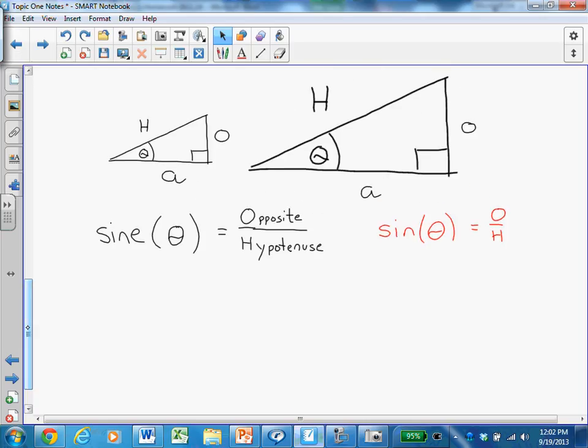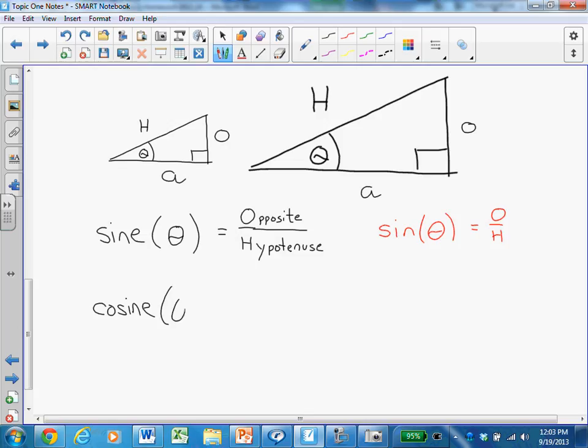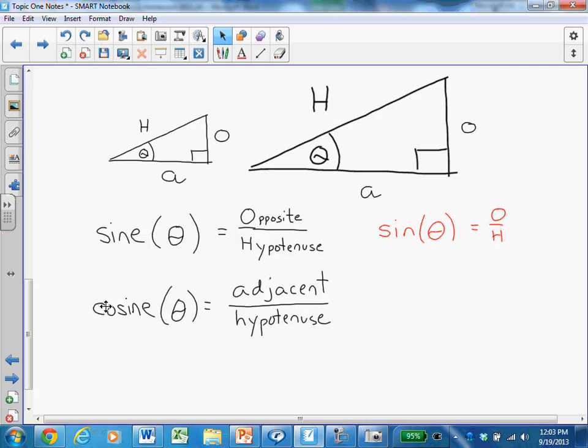Okay, no problem. Cosine is another ratio for an angle, in this case the angle theta, and that's the ratio of which sides? The adjacent to the hypotenuse. That's abbreviated COS theta equals A over H. Okay?